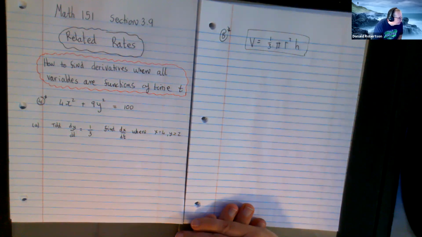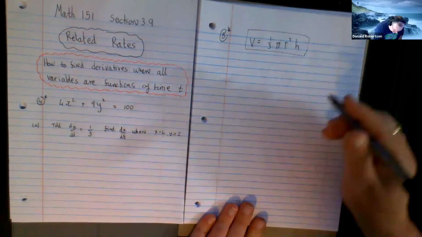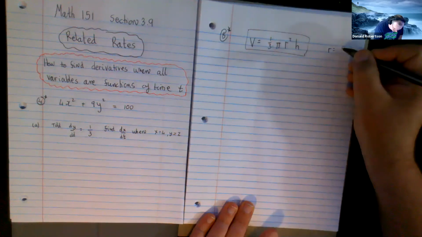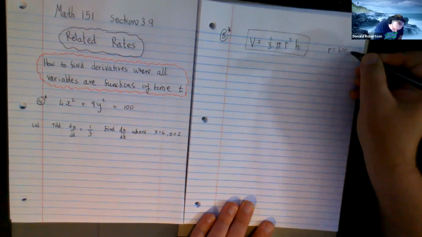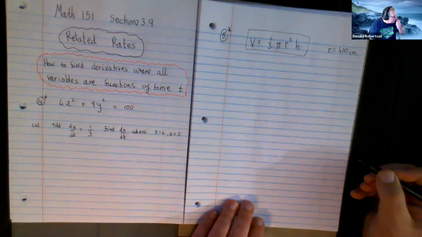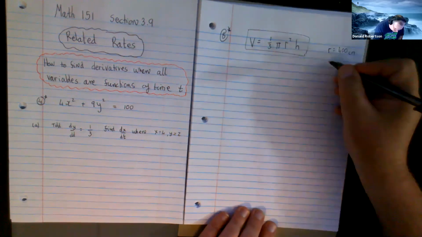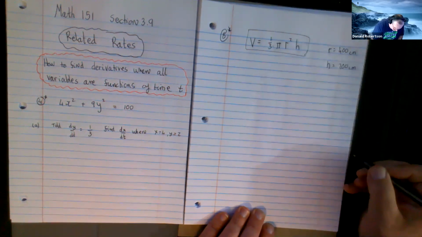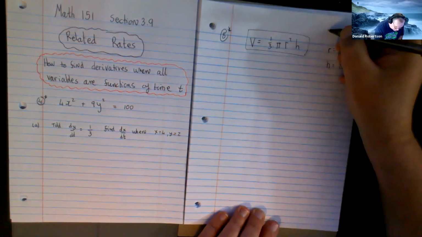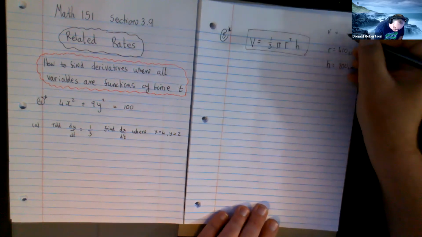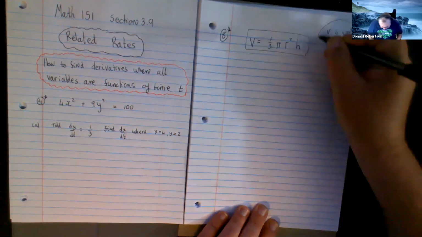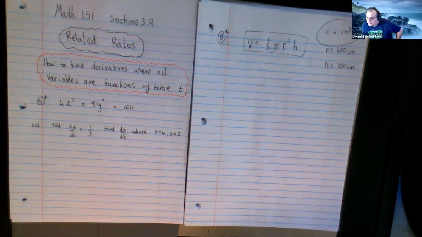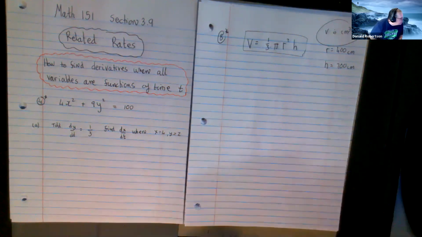We're told that the radius is 4 meters, but we're going to turn 4 meters into 400 centimeters. And we're told that the height is 2 meters, but we're going to turn the height into 200 centimeters. The reason for that is that the volume is in cubic centimeters. So they're doing that physicsy thing, units, units, units. Because if you use the 4 and the 2 in your formula instead of the 400 and the 200, you're going to be in trouble.